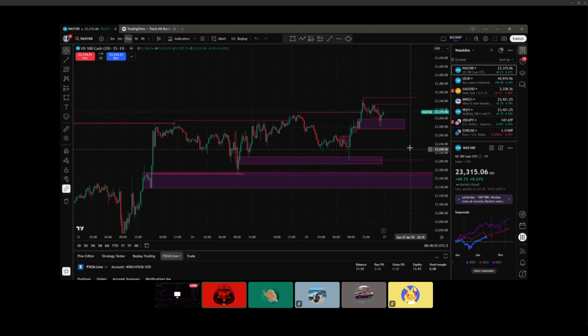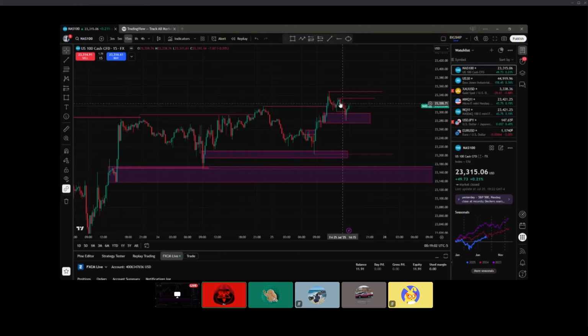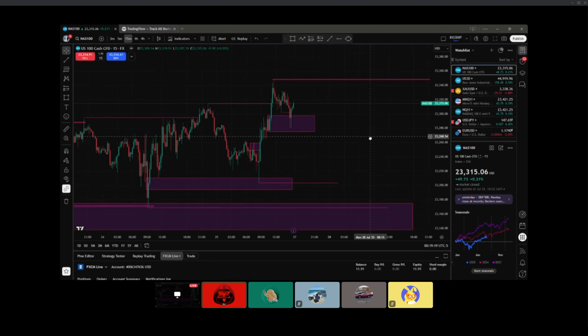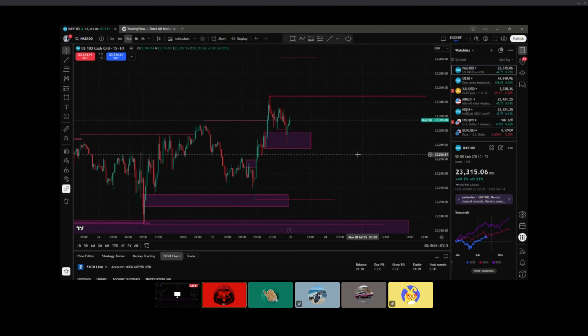The reason is, I would still be biased if I see price respecting this order block. My target will be this level if it's unmitigated, or if price hasn't swept liquidity. So let's say I'm an ICT trader, it's weird in my opinion, because let's say price is trying to push for this level.